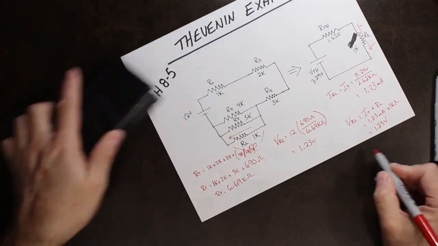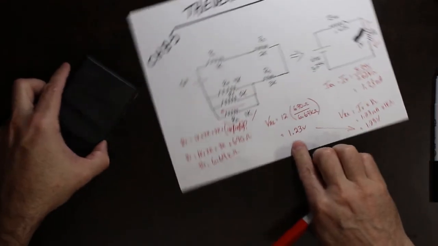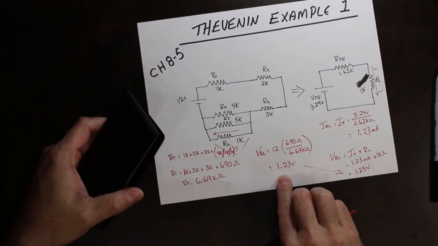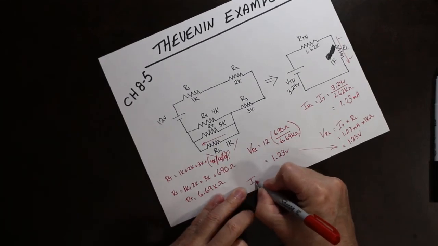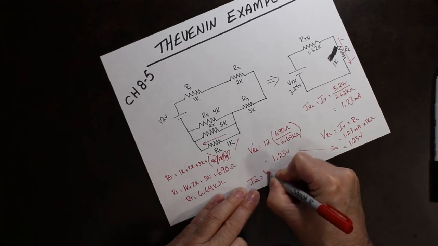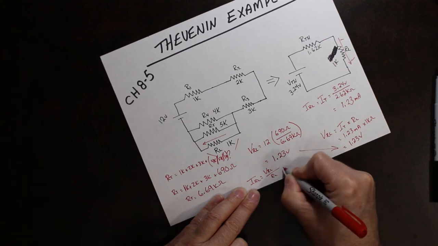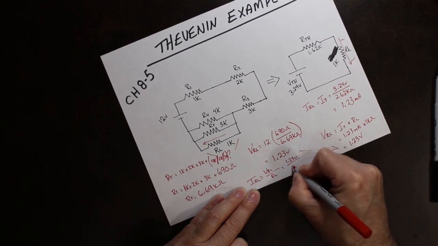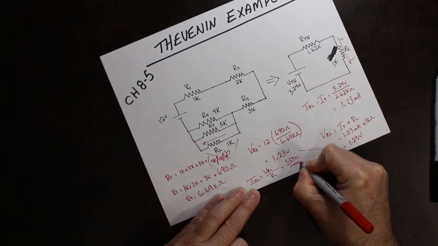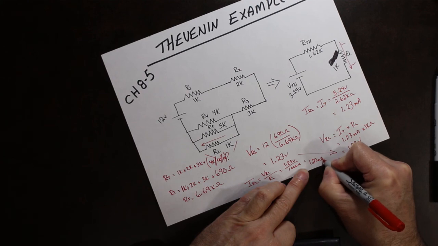1.23 volts. Looky here. I now have that voltage. I can find the current. Ohm's law says that the current through RL is equal to the voltage across RL divided by RL. So that becomes 1.23 volts divided by 1,000 ohms equals 1.23 milliamps.